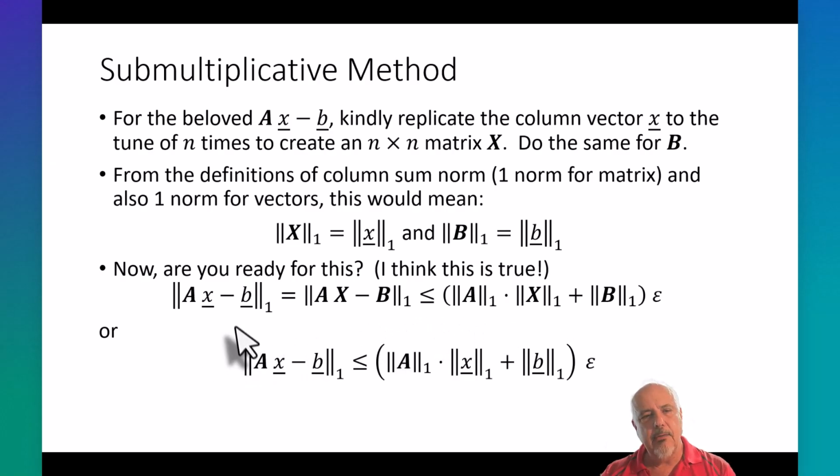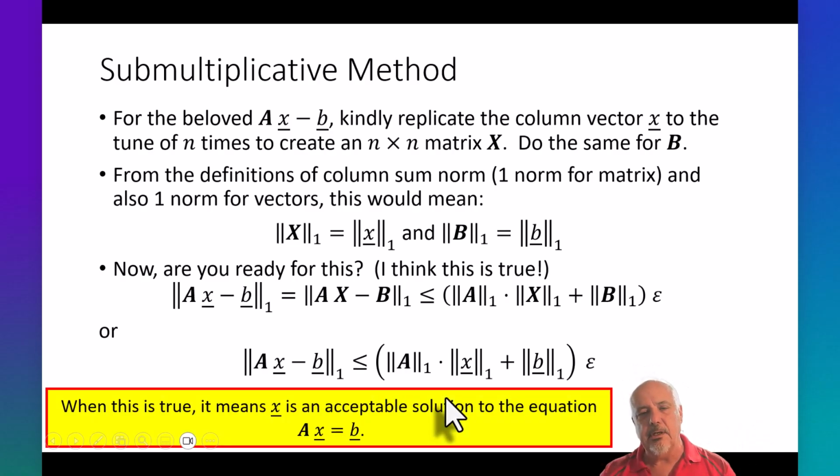I know that this is equal to that, so I've got my desired floating point calculation, and I've set a submultiplicative bound in this case. I replace the x matrix one norm with the x vector one norm, and I replace the b matrix one norm with the b vector one norm, and I've got the submultiplicative bound established. And this is saying, when this is true, that x is an acceptable solution to the equation ax minus b.